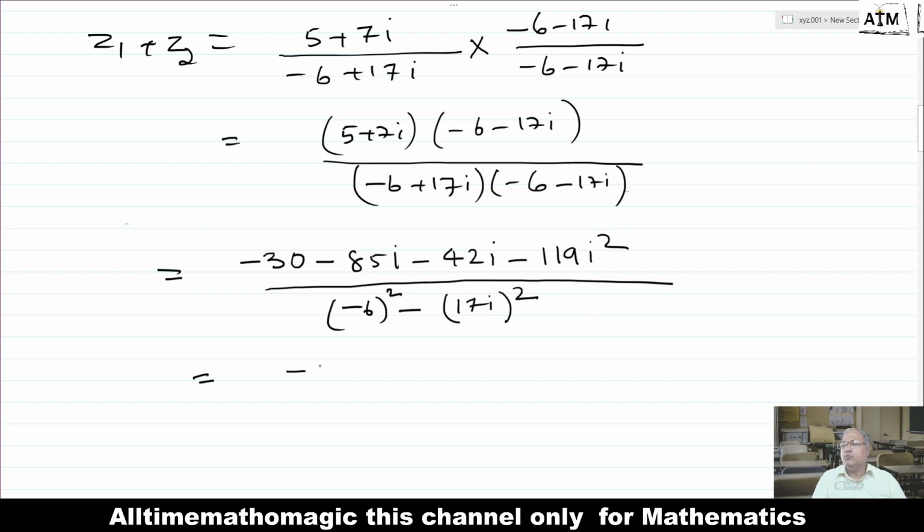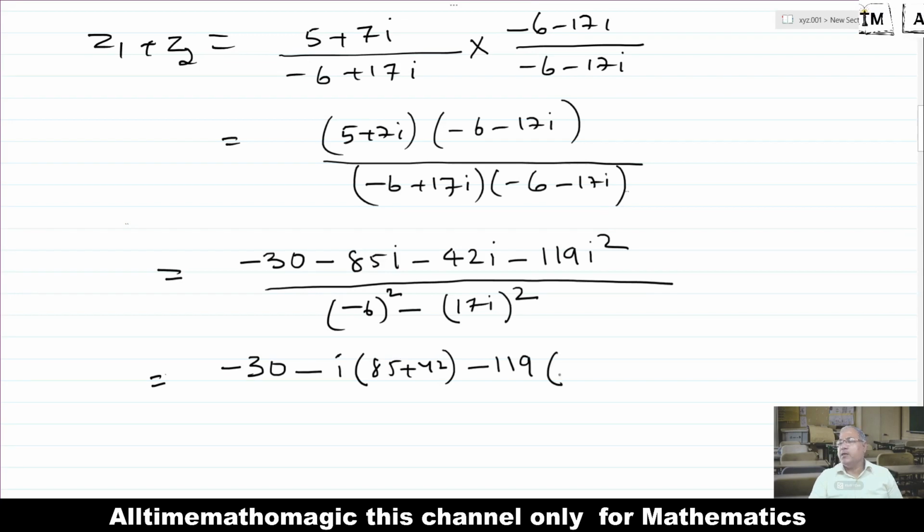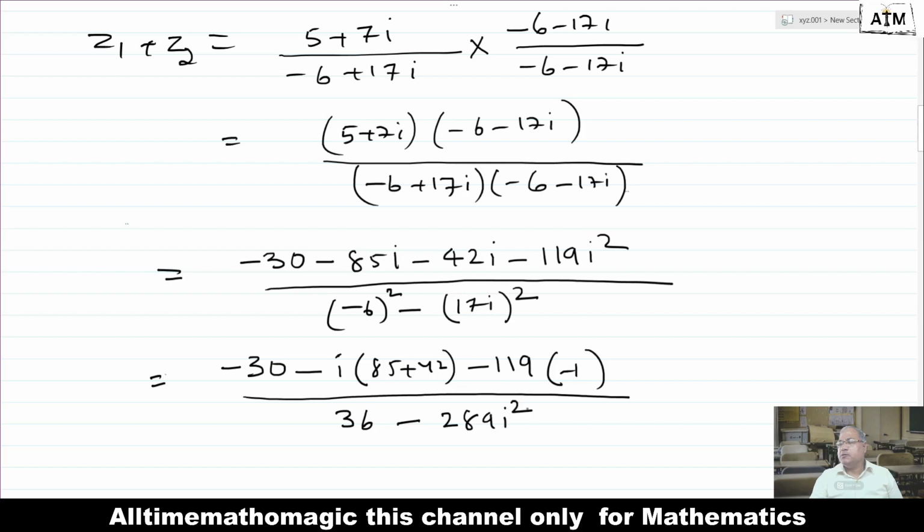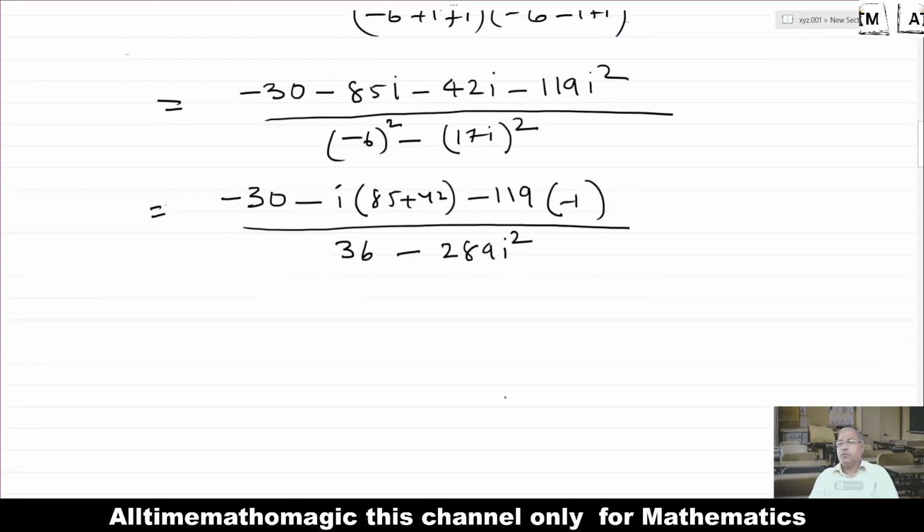This equals minus 30 minus i taken common, 85 plus 42 minus 119, i square equals minus 1, upon 36 minus 289 i square.